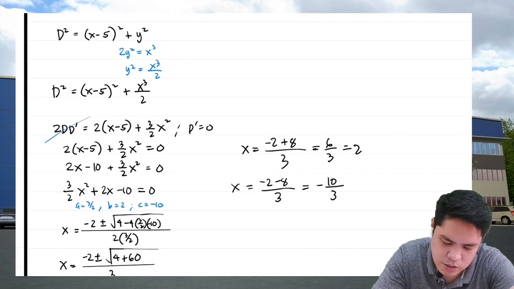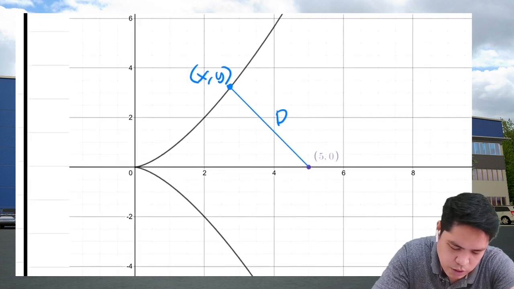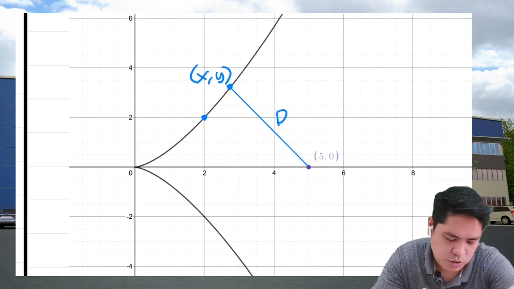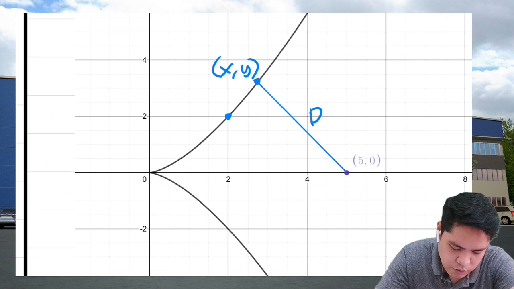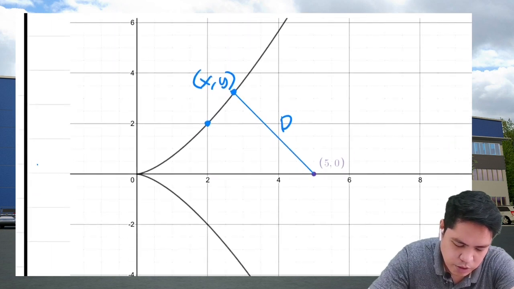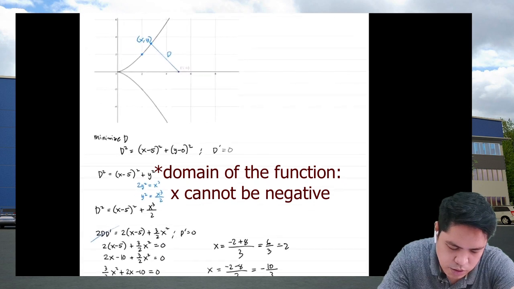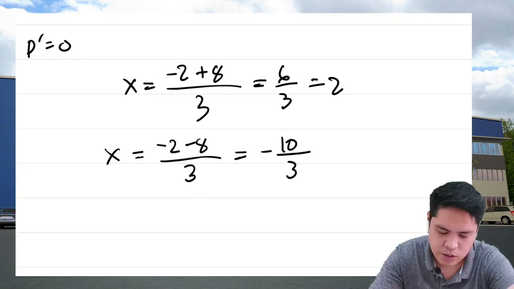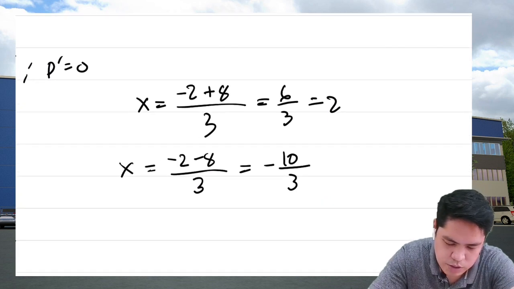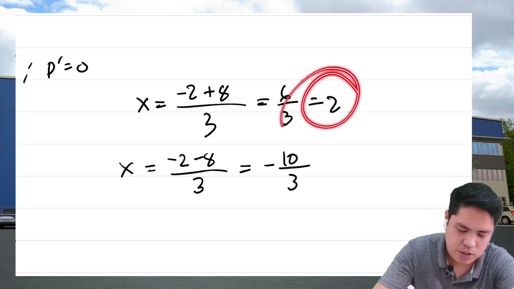One is positive 2, so it should be near here. Yes, that's the shortest. The other one is negative 3 point something, which is obviously very far, since negative 3 is on the other side of the Cartesian plane. So if we are looking for the shortest, this one makes sense, so I'll use this one.